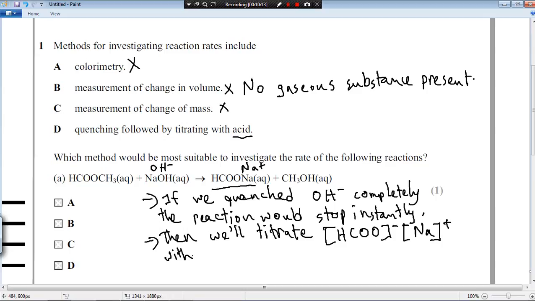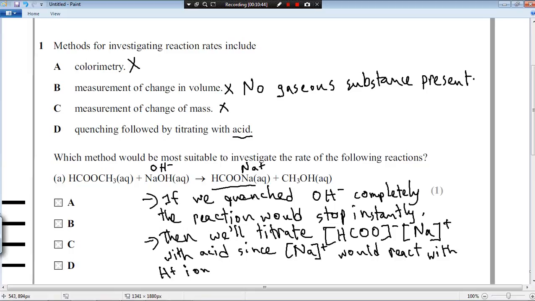With acid, since Na plus would react with H plus ions of acid. So we will titrate this with acid, since Na plus would react with H plus ions of acid.